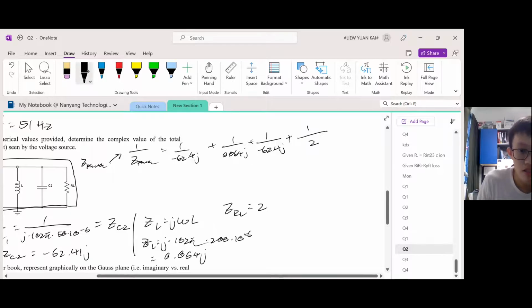Okay, so now you punch in these values. Okay, I'm gonna straight away solve for Z para.